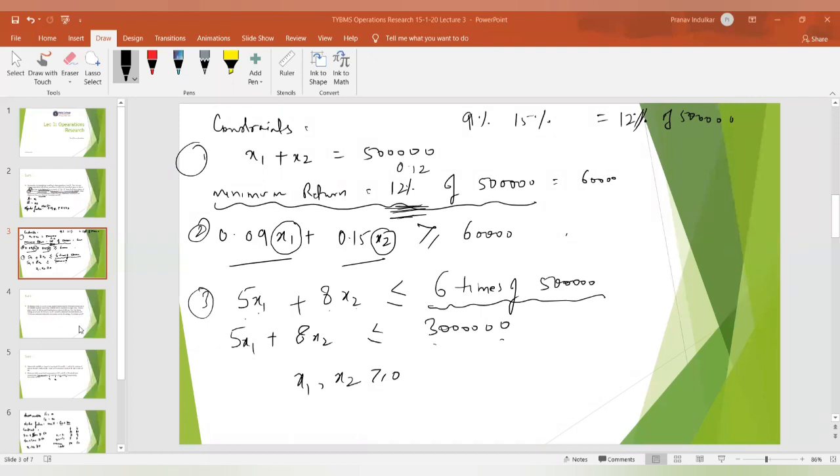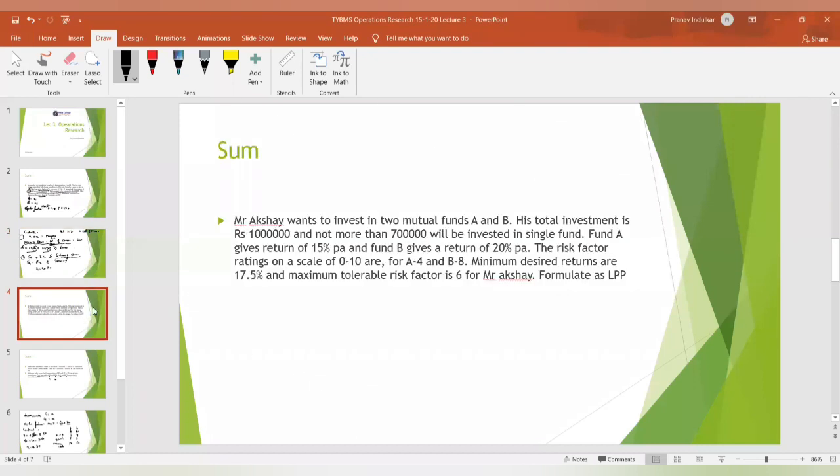If yes, I want you all to solve this sum on your own. It is the same kind of sum.